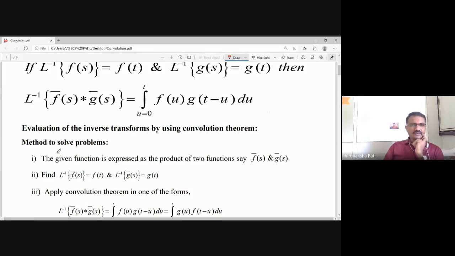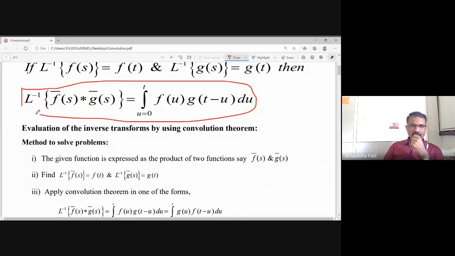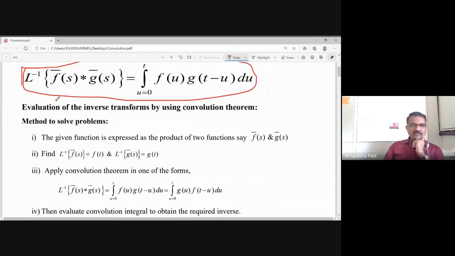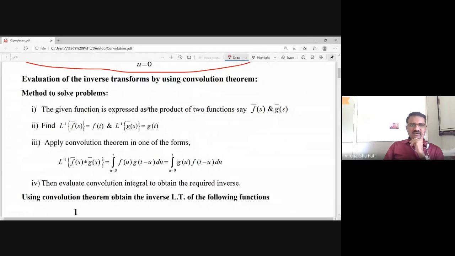Okay, now see here, the method to solve the problem, the method to apply this theorem to find the inverse of the given function. The given function is expressed as a product of two functions, say f bar s and g bar s. Your function will be given in terms of s, and you should express it as a product of two functions: one should be taken as f bar s, another as g bar s.